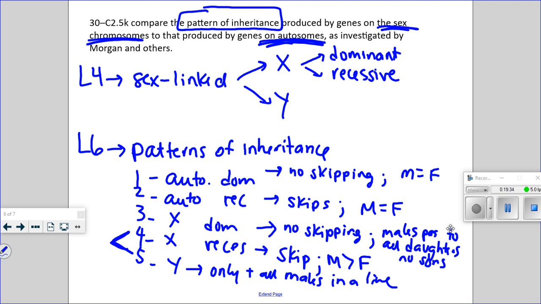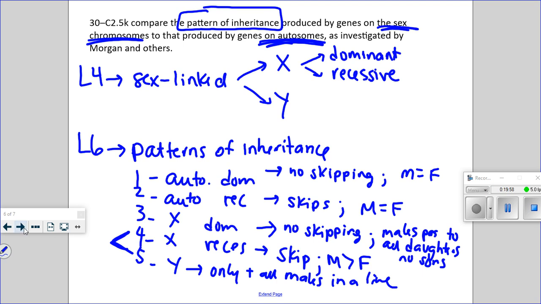If you could find an example of a male in a line of people who are affected who doesn't have it, then it must not be Y-linked, because they're all getting their Y chromosome from their same parent or their same family line. If it's X-linked recessive, they would be getting it from their mothers who are carrying the trait but don't actually have the disorder.